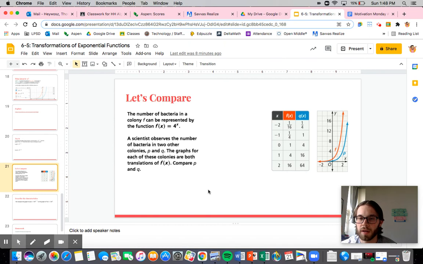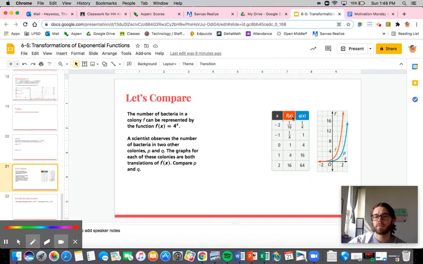So first of all, let's just take a minute and look at this. And we know when we were looking at the vertical, I could just add 3, right? And I would just get 3 and 1/16, 3 and 1/4. So this is clearly not going to be a vertical translation.